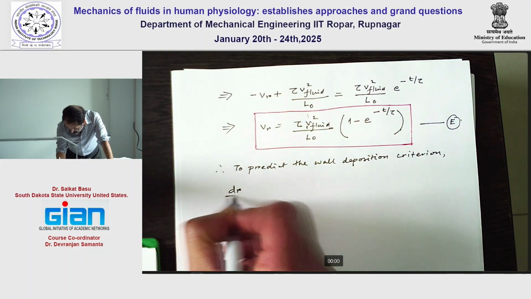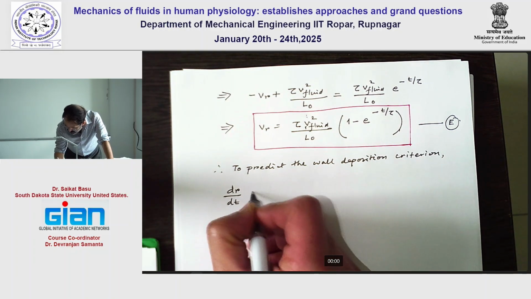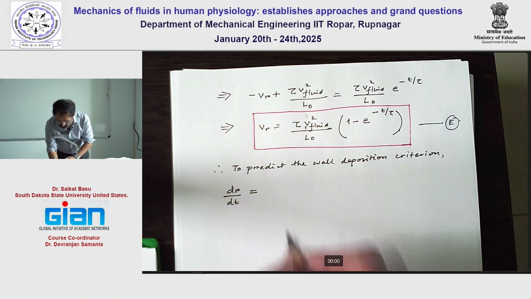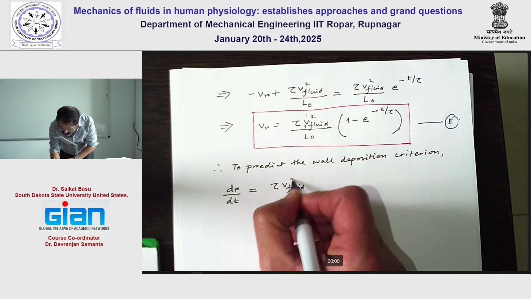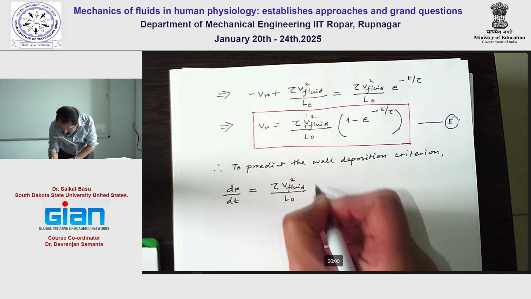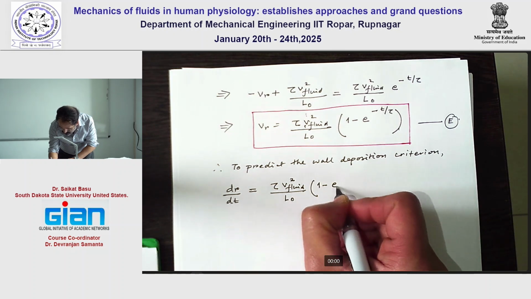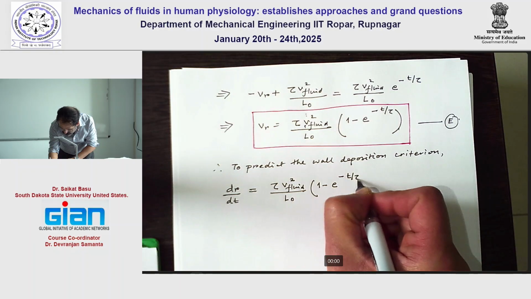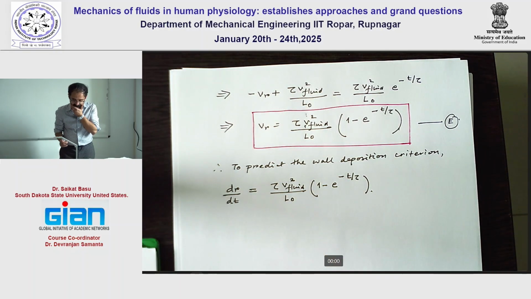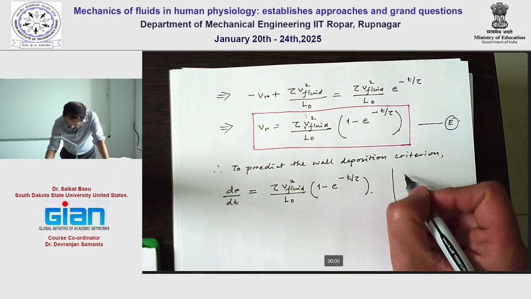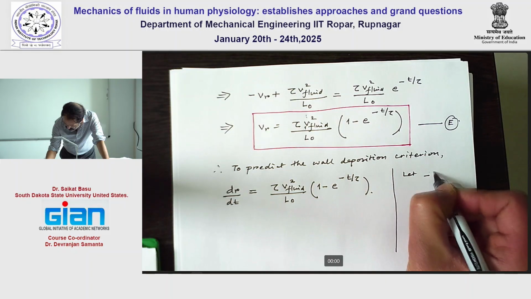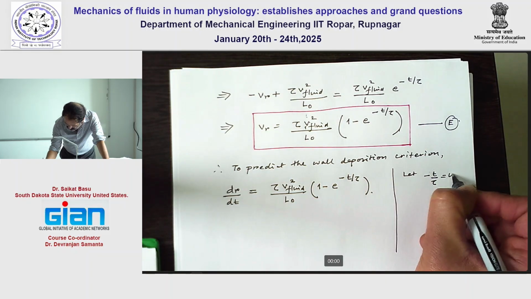So dr dt is this right hand side of equation E: tau v fluid squared over L naught times (1 minus e to the power of minus t over tau). Right? So let's now do some more integrals. Let's assume that minus t over tau is u.